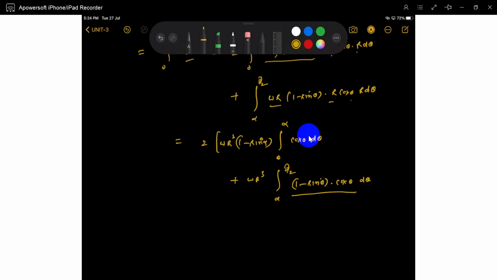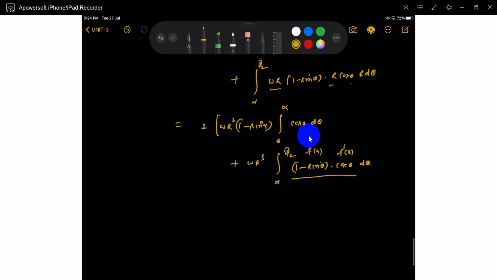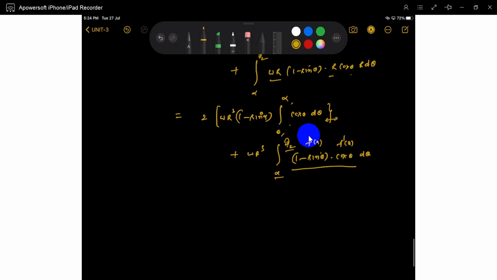If you see, this is f x, this is f dash x. So you know the integration. Can you solve it? In this you have to substitute 0 to alpha, not 0 to pi by 2. Cos alpha is cos alpha only.